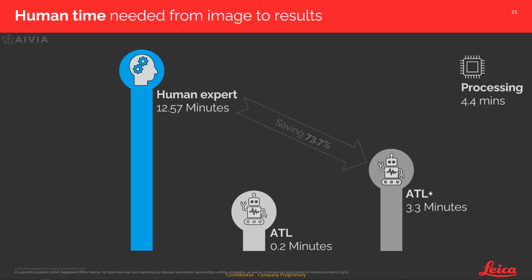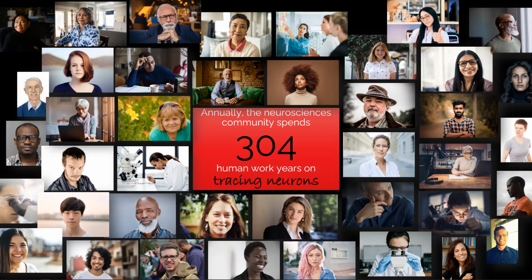So we are saving here over 70% of the human effort, of the human time. That's a tremendous amount of time that is saved, which can be deployed or redeployed for other tasks. This is so exciting, and we think that it's going to have a major impact to the rate of discovery in this space. So if we go back to one of the earlier slides, we had estimated that globally more than 300 human work years are spent tracing neurons.